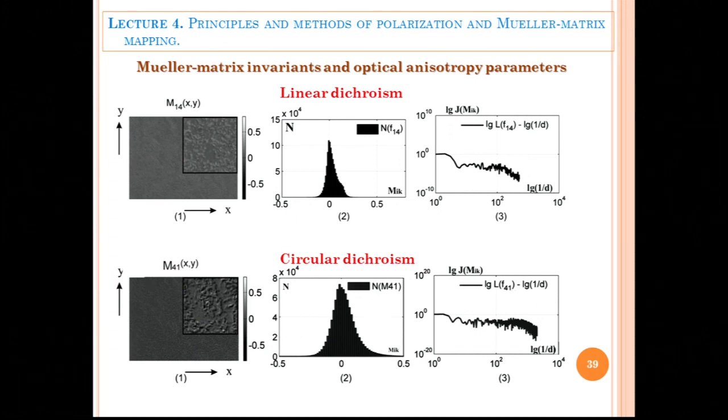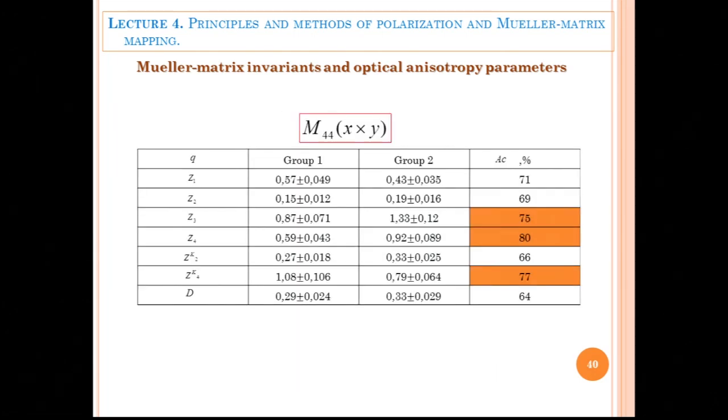This one is for Müller matrix elements for linear and circular dichroism with the necessary evaluation. And here, the last table shows the possibilities of multifunctional polarimetry for evaluation of these Müller matrix elements.